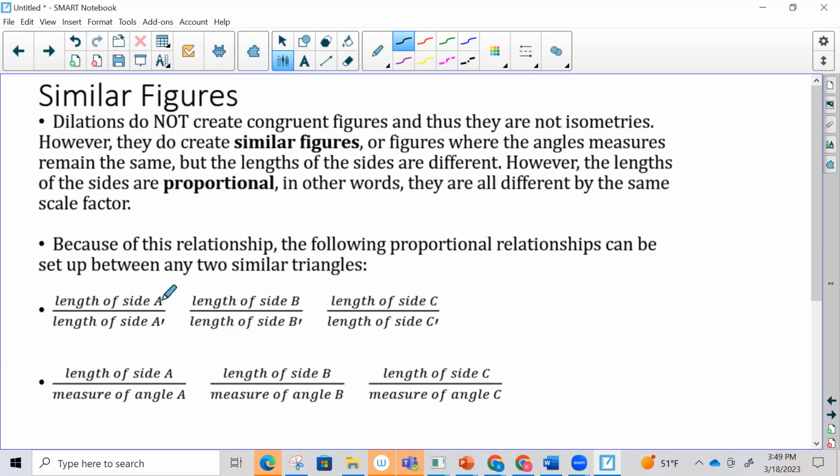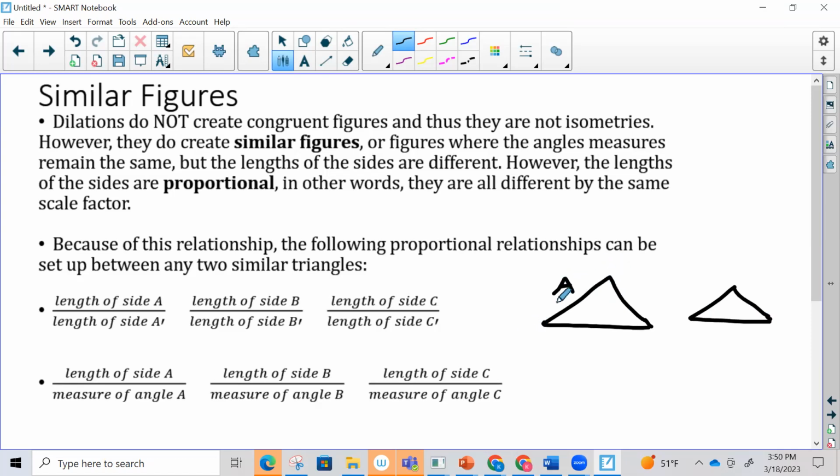We can take the length of one of the sides, and they say side A, so they're just talking about if I have two triangles, and I'm just calling this side A, and not naming it by the vertices.